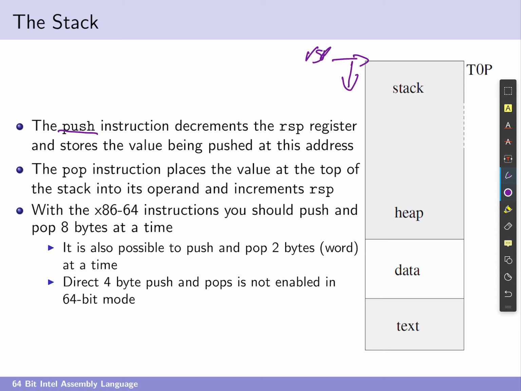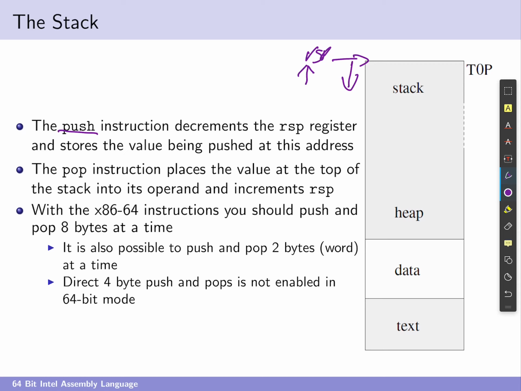The pop instruction on the other side will place the value that's currently at the top of the stack in the operand, and it will increment the RSP pointer. So if I'm popping, I'm actually reducing the size of the stack, and that's why I'm going to increment the RSP pointer.